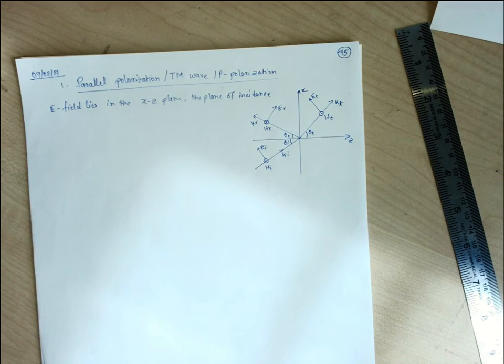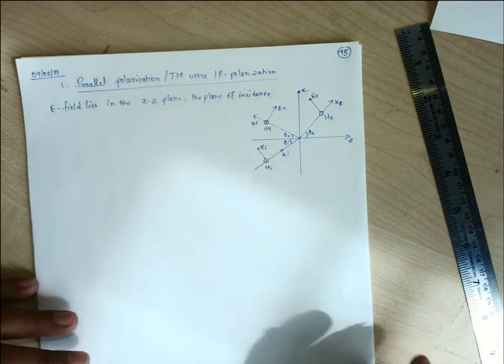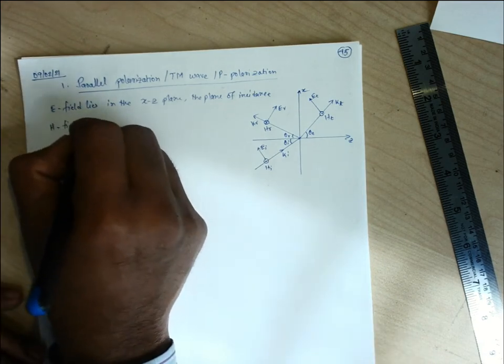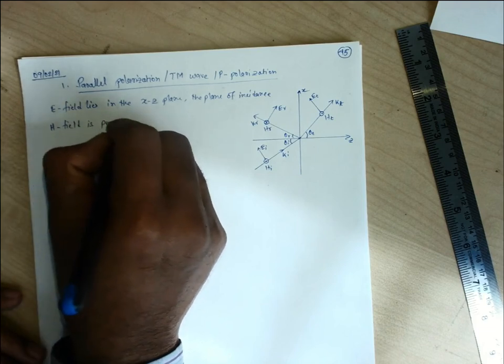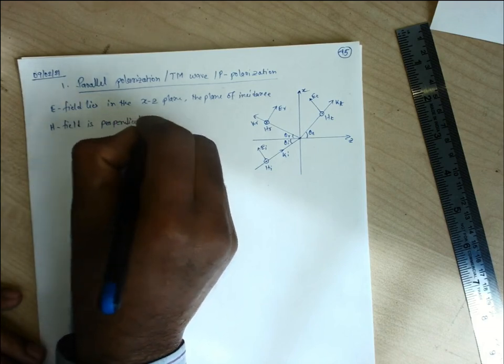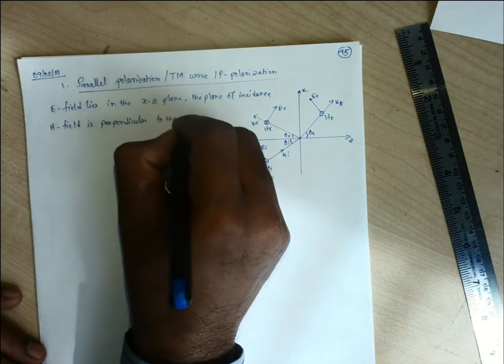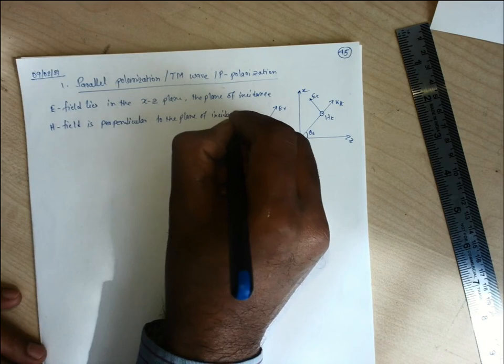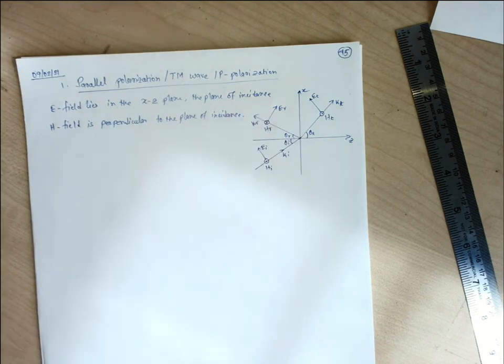So here the plane of incidence is the xz plane. The magnetic field is perpendicular to the plane of incidence. So parallel polarization is the same as TM wave or P polarization.